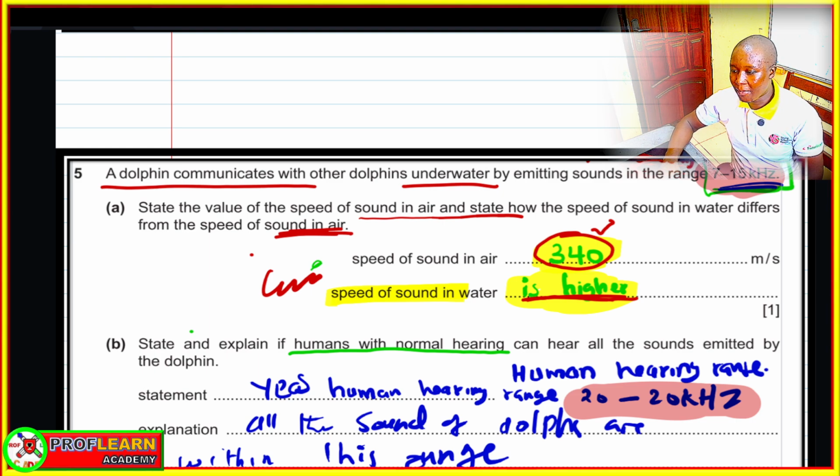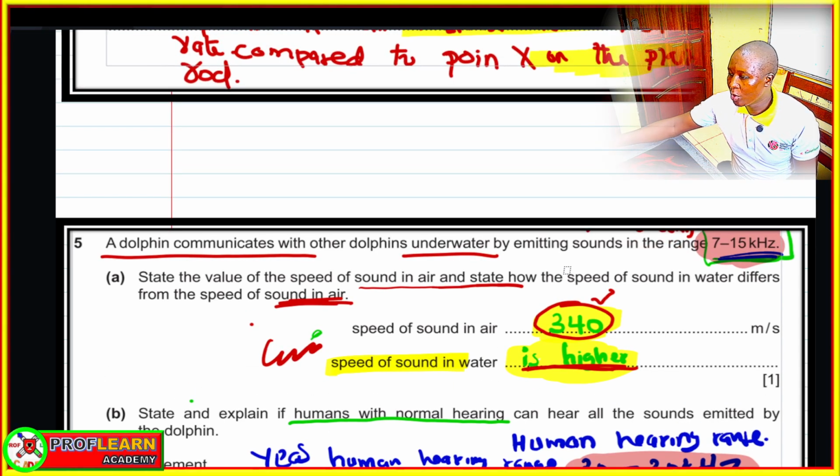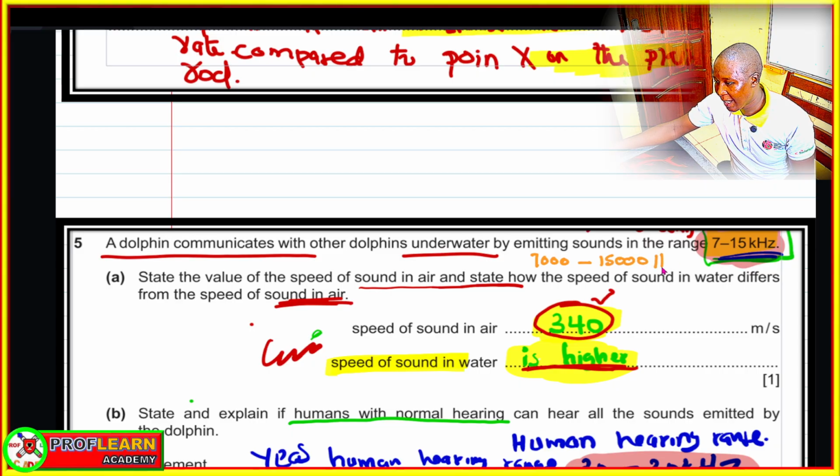But in this case, we were told that the dolphin produces sound in the range of 7 to 15 kilohertz. So what does this mean? This means 7,000 to 15,000 hertz. That's what this statement meant.